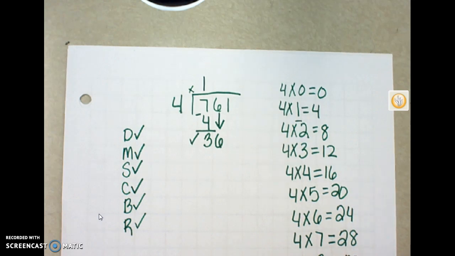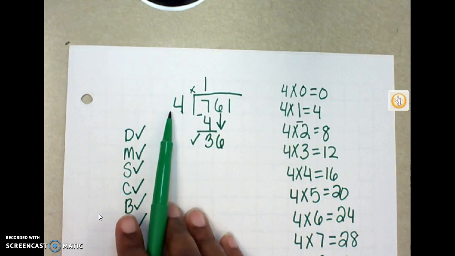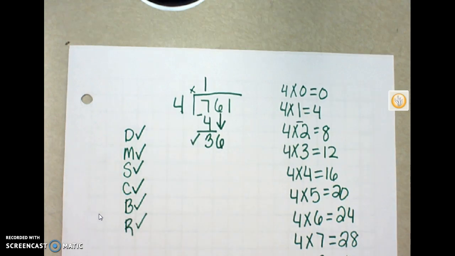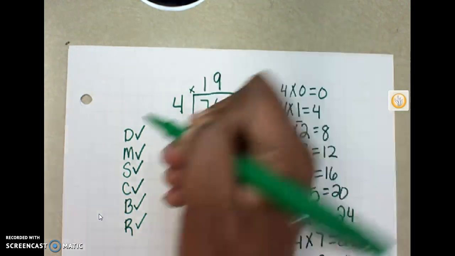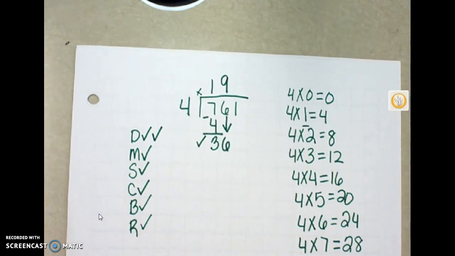And 4 times 9 is 36. And I'm going to stop right here. How many groups of 4 can I pull out of 36? I could pull 9 groups of 4 out of 36. My 9 goes at the top. I have just divided.